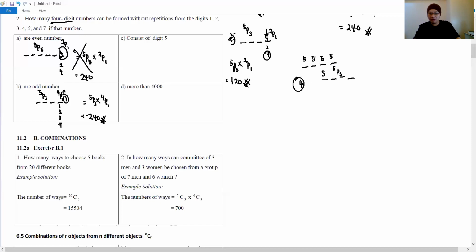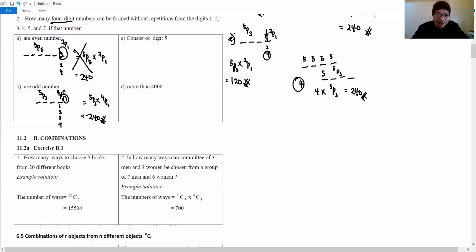Because the 5 can be put beside this or this, 4 times with 5P3. So that is our solution. So 4 times 5P3, your answer will be 240 also. Okay, banyaknya jawapan yang sama. So the answer here is 240. Okay, that is your question C.